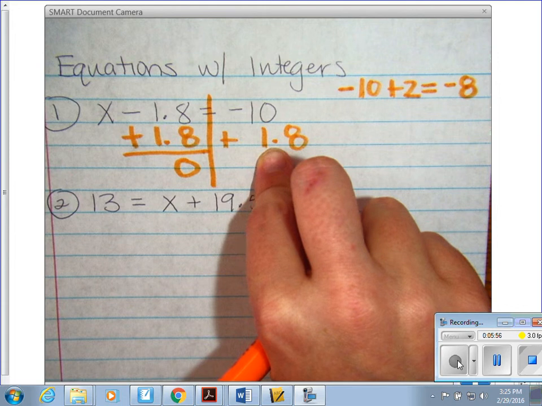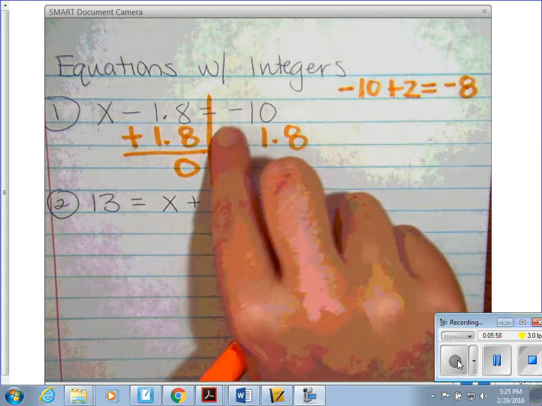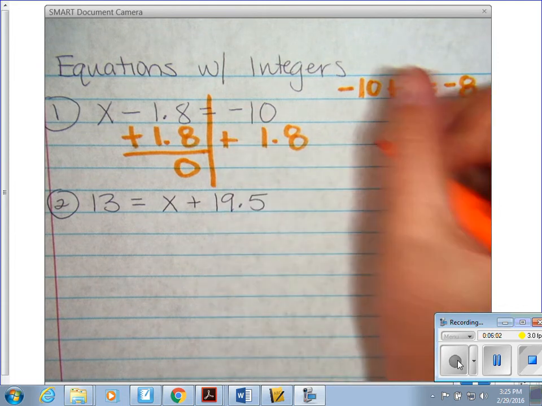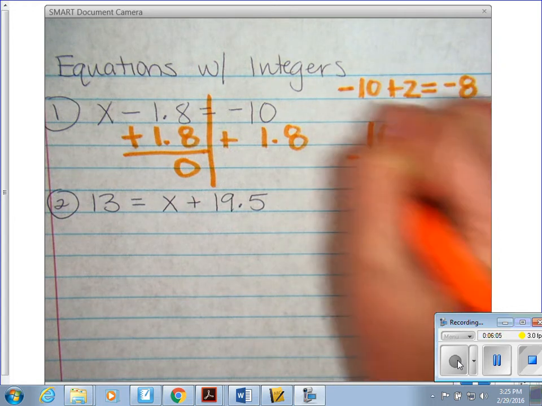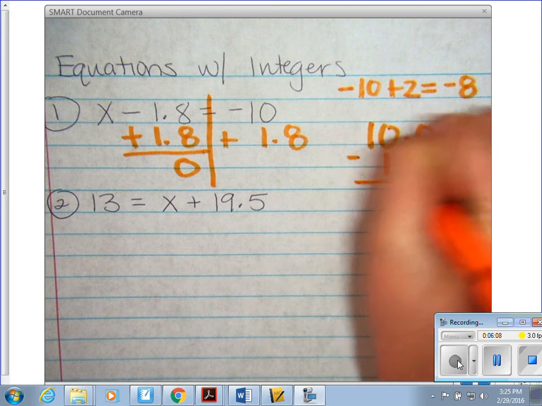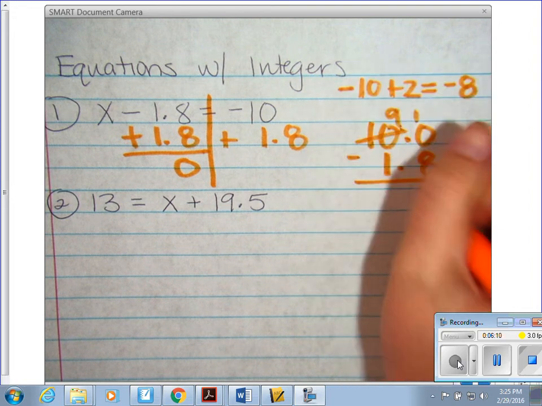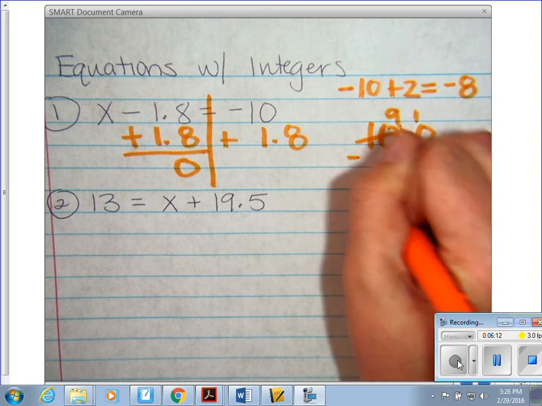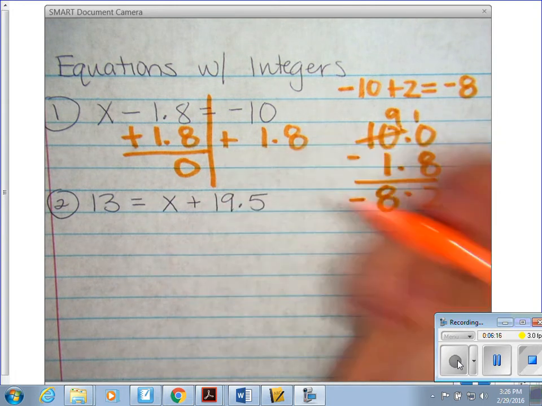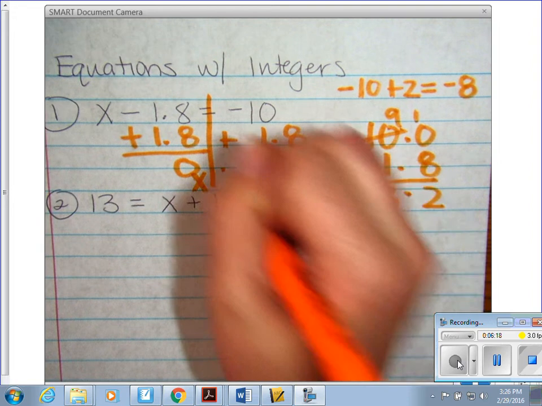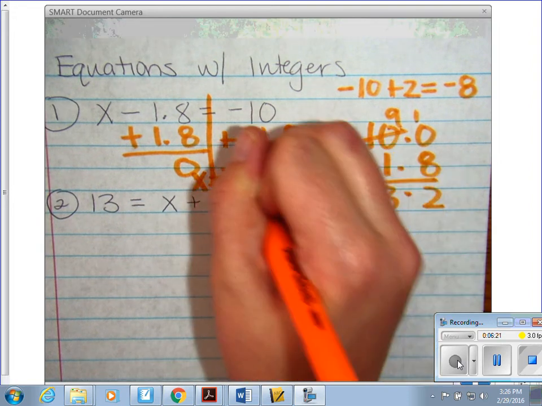From our integer rules, if I have a negative plus a positive, I have different signs, so I need to subtract. So 10 minus 1.8, I get 8.2, and I need to keep the negative sign. So x is equal to negative 8.2.